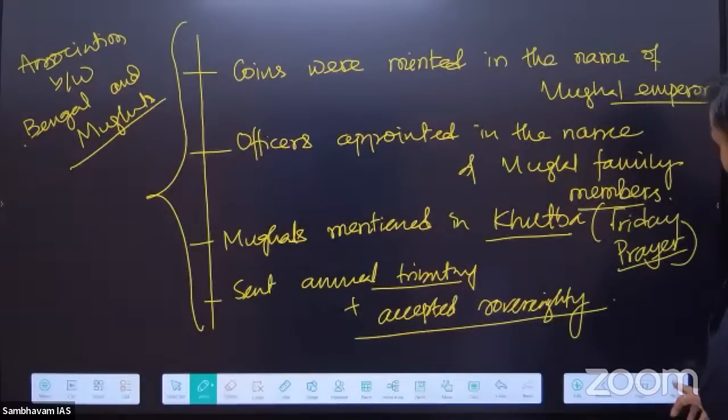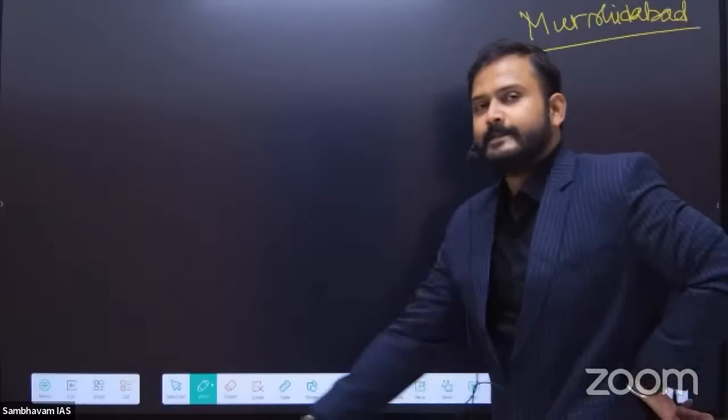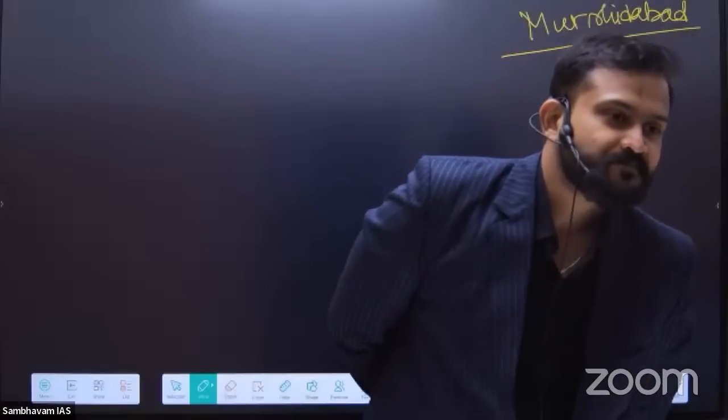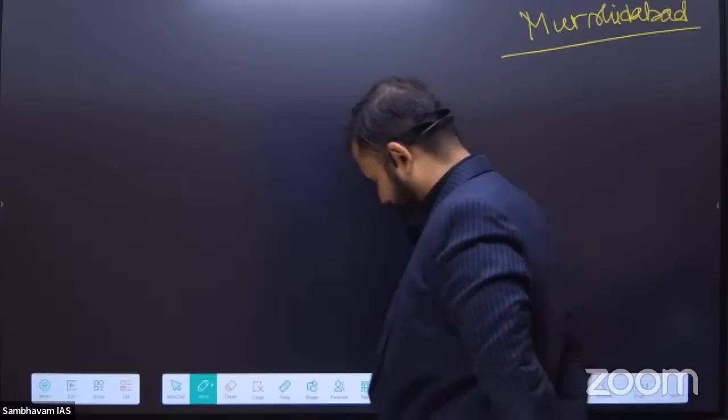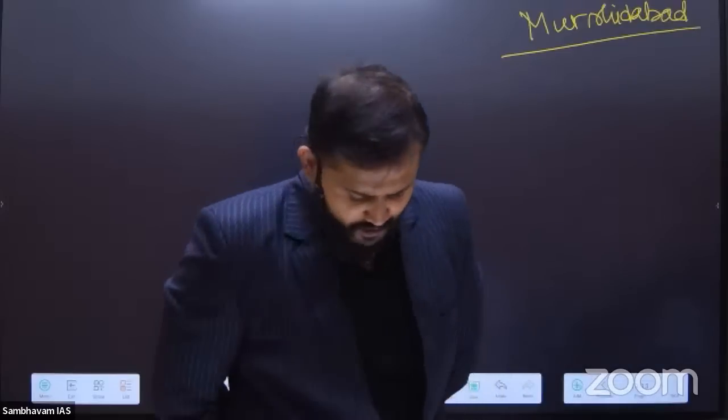Let's begin. Continue. It'll take some time for you to acclimatize. Kindly proceed forward. Write down. Ali Vardi Khan. Next. Acha, sorry. You dictated that Murshid Quli Khan shifted the capital from Dhaka to Murshidabad.